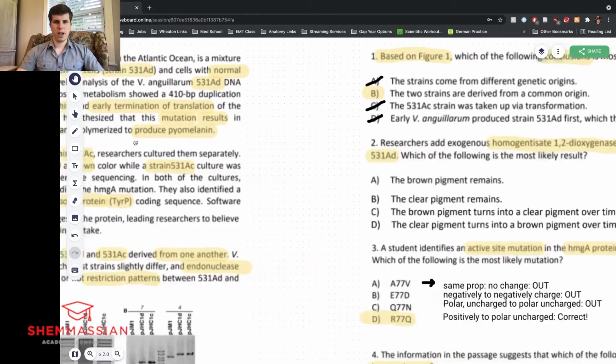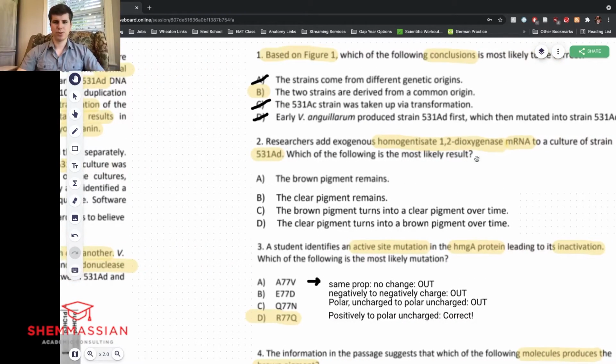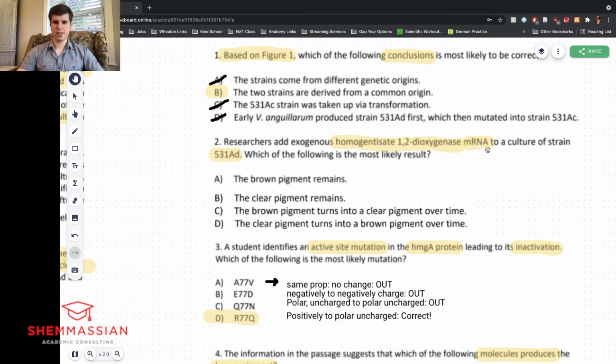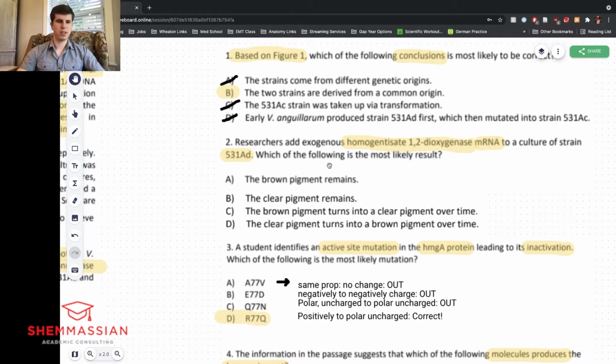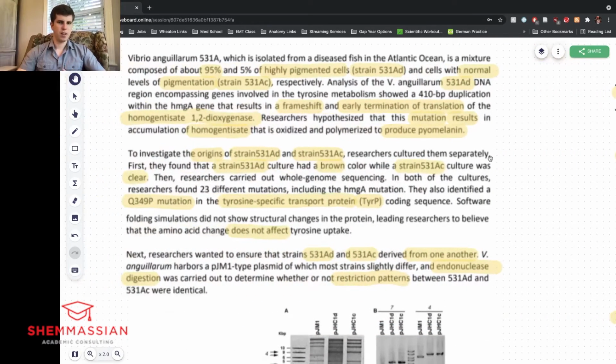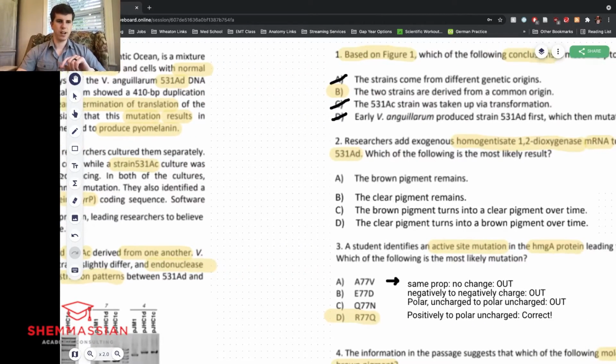Well, mRNA is produced from DNA, so that's actually transcription. So adding in exogenous mRNA would be to increase the transcription. The only thing that's going on here is a frame shift is causing early termination of translation. Okay, so this is kind of a central dogma question. So this is kind of leading me to think that we're talking about from DNA to RNA to protein, and asking, do you understand where each step comes in, right?